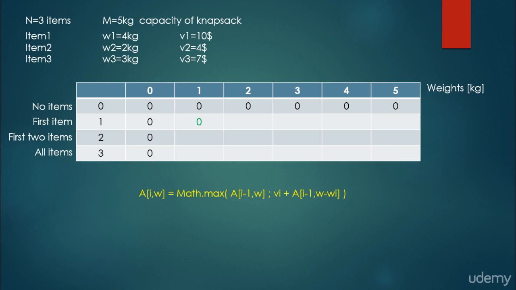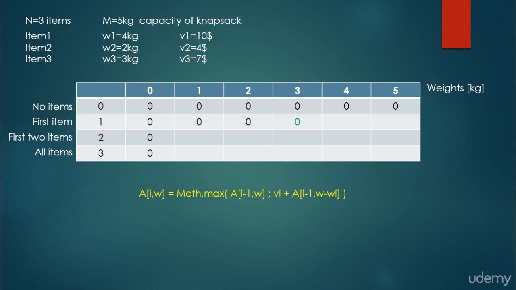If we jump to the third column with index 2, it means the capacity of the knapsack is 2 kilograms, and 4 is greater than 2, so it is 0. 3 kilograms is less than 4, so it's 0.